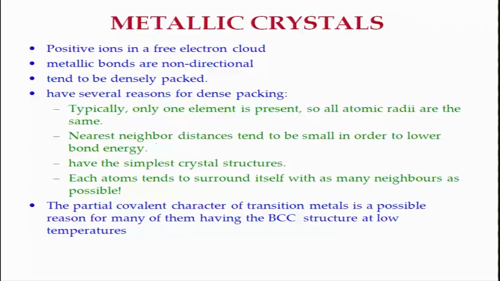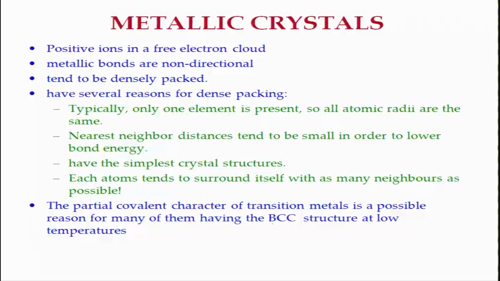As a result, the nearest neighbor distances tend to be smaller, and smaller nearest neighbor distances lower the bond energy. They have simple crystal structures, and each atom tends to surround itself with as many neighbors as possible. These two are correlated. In some cases, some metals are partially covalent, and that is why some of them have a BCC structure, for example at low temperatures, and we will see the implications in terms of BCC and FCC structures in the coming slides.